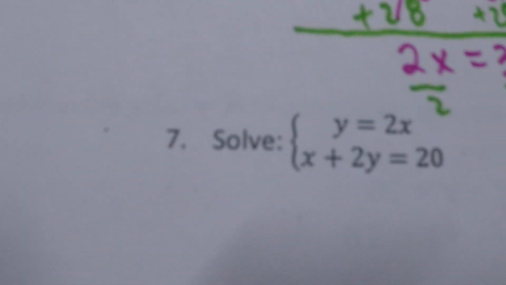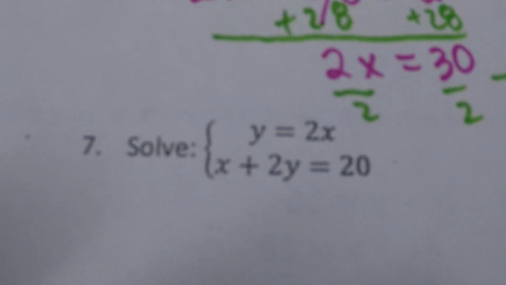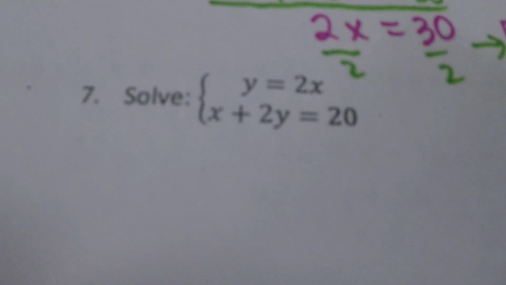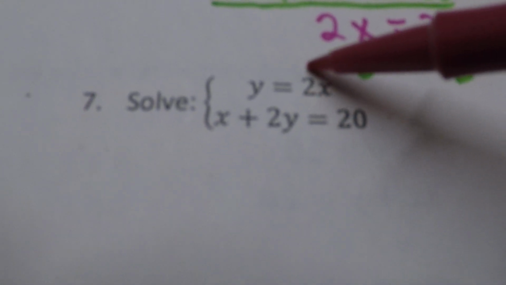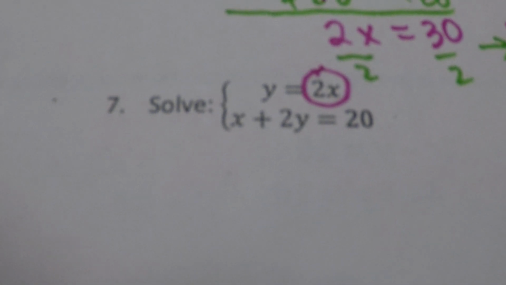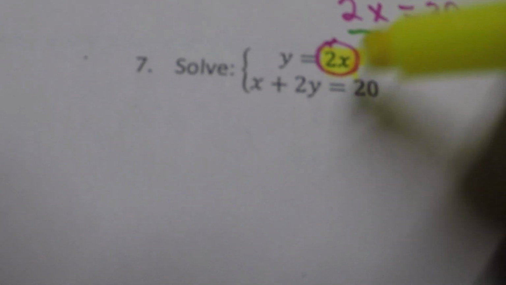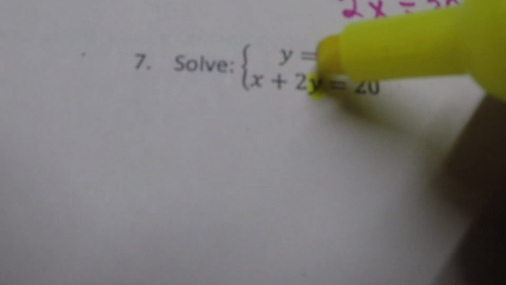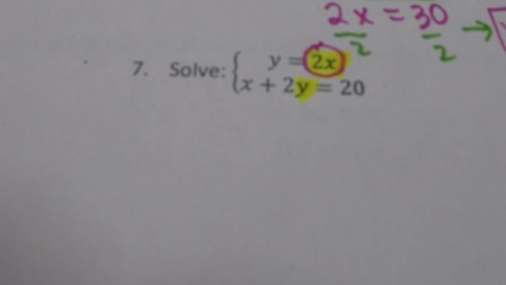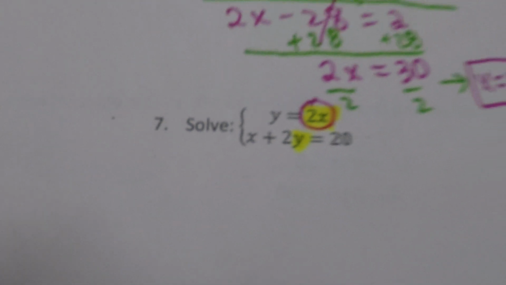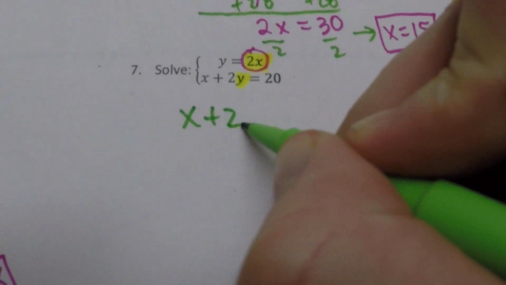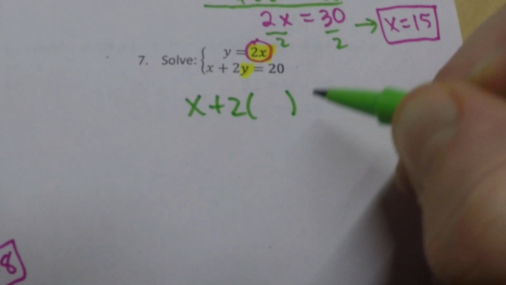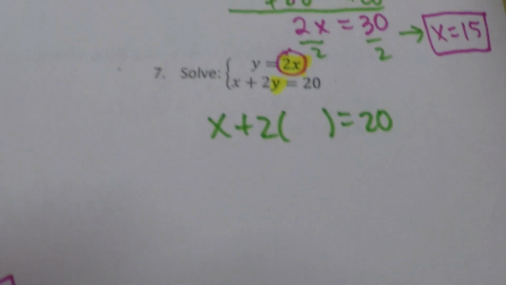All right, last problem. This one is set up perfectly for substitution. Since y equals 2x, I can take 2x and put it in that spot, since that's what y is. So I'm going to rewrite the bottom equation, but I'm not going to put y there. I'm going to put what y equals.